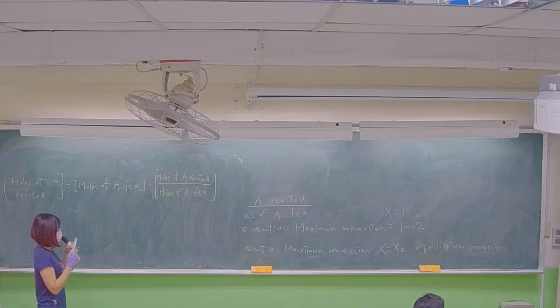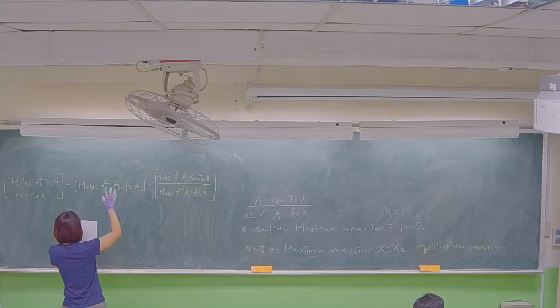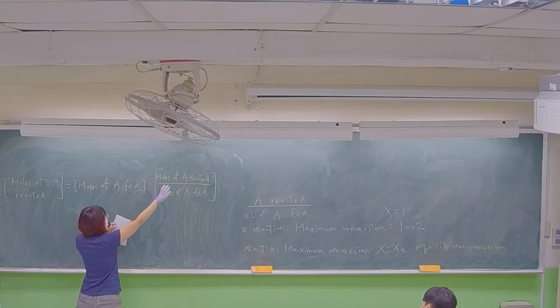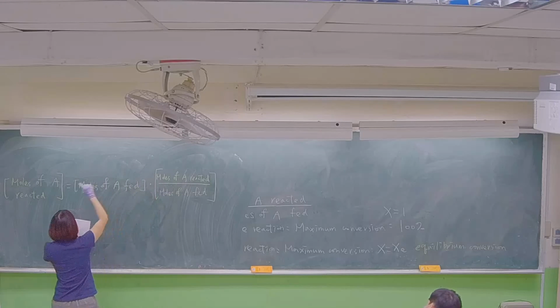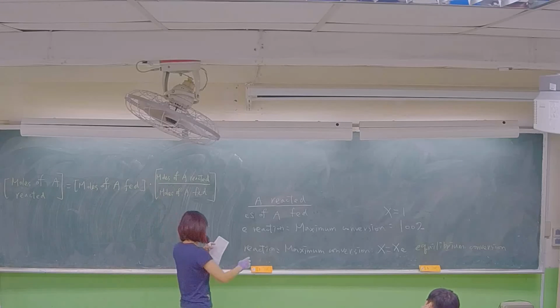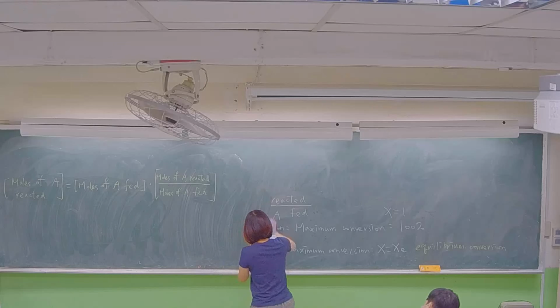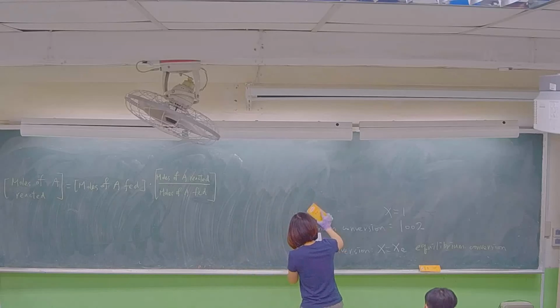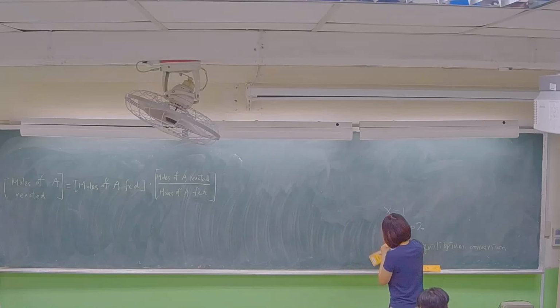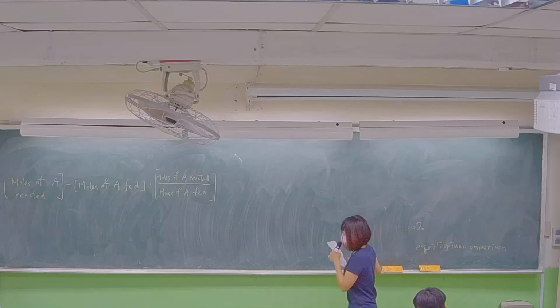This equation is a normal equation because you can find this one is the same as this one, right? This one is the same as this one. So just a mass balance. But we can put a different symbol to represent.